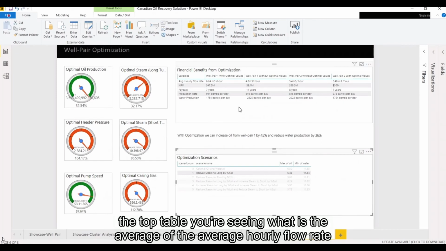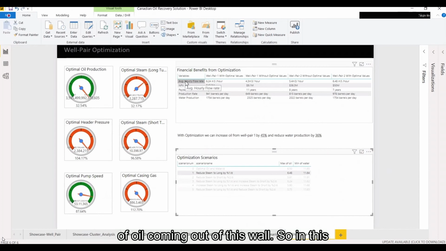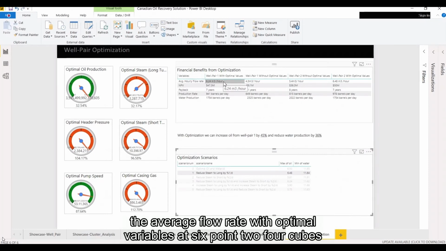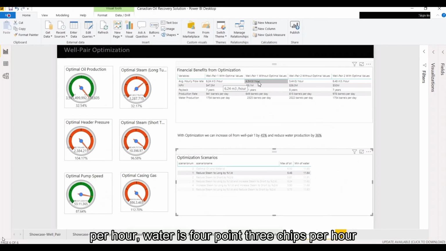So on the top table, you're seeing the average hourly flow rate of oil coming out of this well. In this particular scenario, by reducing steam in the long tubing by 1%, we can see that the average flow rate with optimal variables is 6.24 cubes per hour. Water is 4.3 cubes per hour.